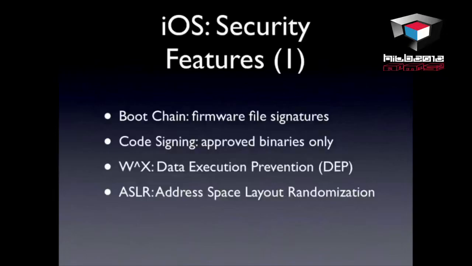This is designed in a way that the memory region for the libraries and also for programs is randomized. So basically you have a different address space for the libraries in use and for the program that is running.